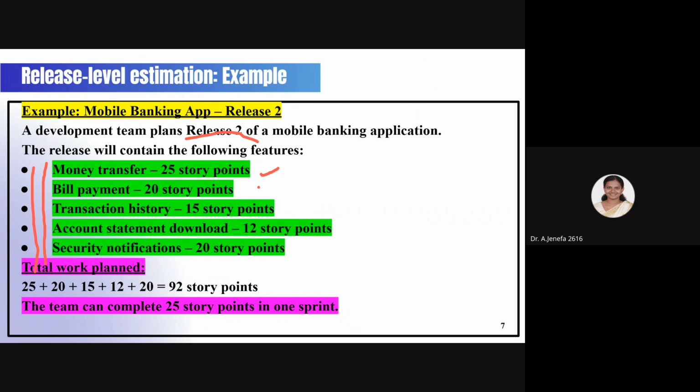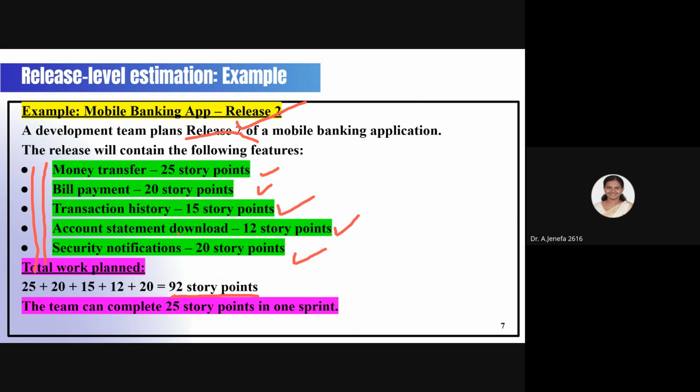And bill payment needs 20 story points, then 15 story points, followed by 12 story points and 20 story points. The total planned work is the addition of all the user stories, so we need to complete 92 user tasks for this release of version 2.